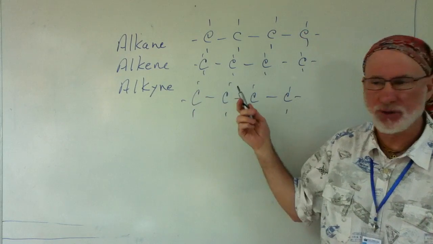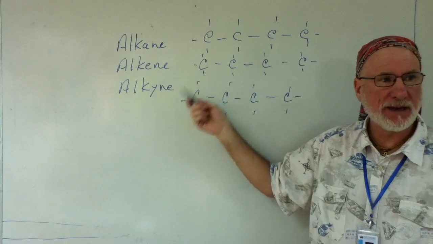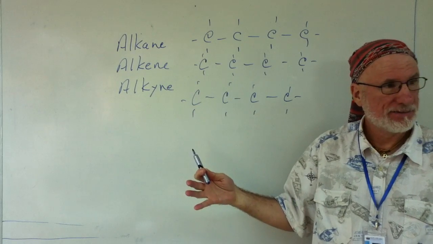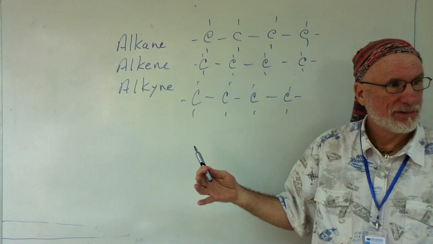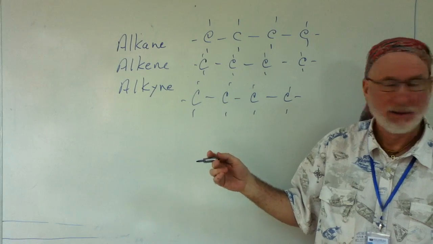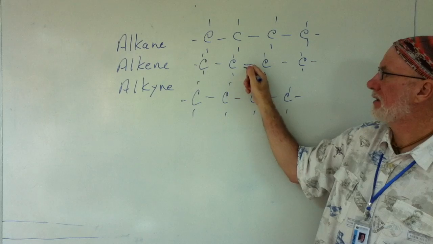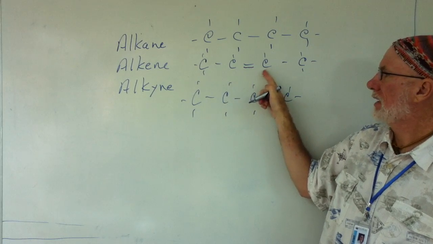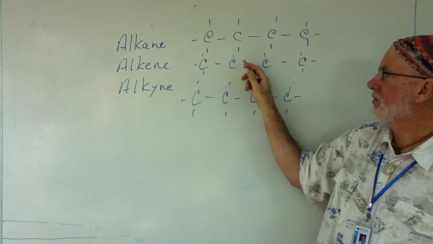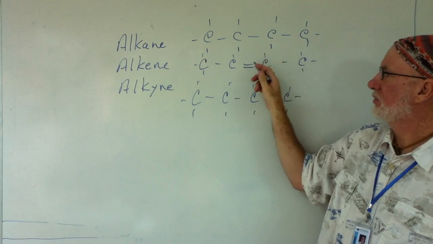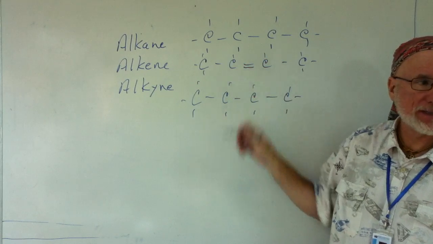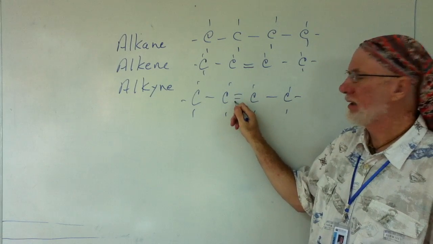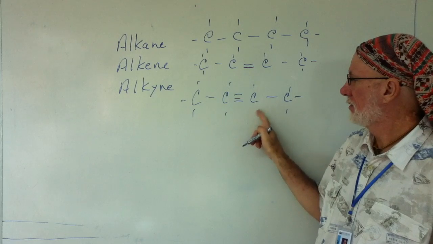What do I have to do to make them an alkene and alkyne? Double bond. I need a double bond here. Yes? So I've got to get rid of a hydrogen. 1, 2, 3, 4. Correct? Every carbon has to have 4 bonds, right? And what do I do to this? I have to put in a triple bond.